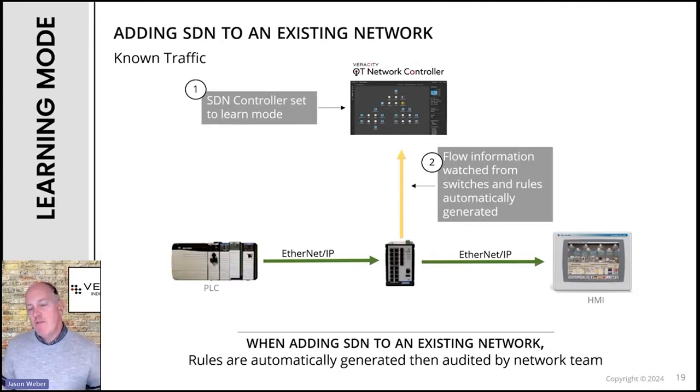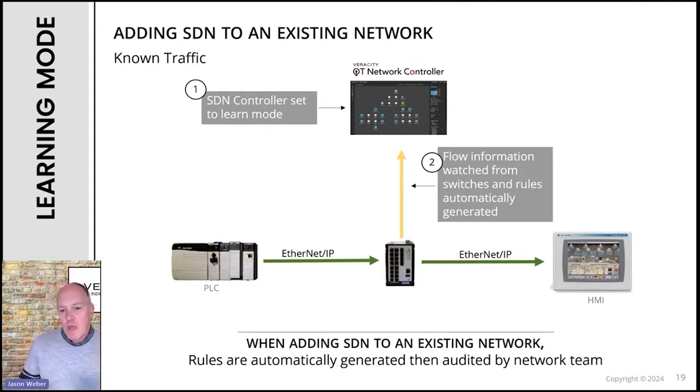So if you have a machine that you're adding that was using the appliance that now you're putting into the full network, what you can do today is put that individual SDN switch into learning mode on that machine, and all the traffic that passes through that switch will generate a rule, and then you put it back into operational mode, and you essentially have taken all of that configuration and built it up automatically within the controller.